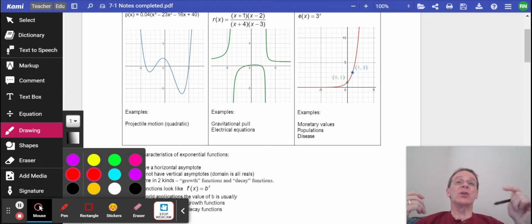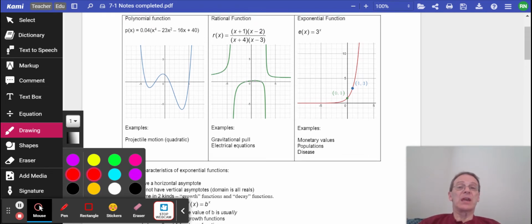And we need to understand quadratic functions to be able to study things that are flying through the air. Examples of rational functions, gravitational pull. If you study that in physics one of these days, that is a rational function, or lots of equations involving electronics and magnetism can be studied through rational functions.